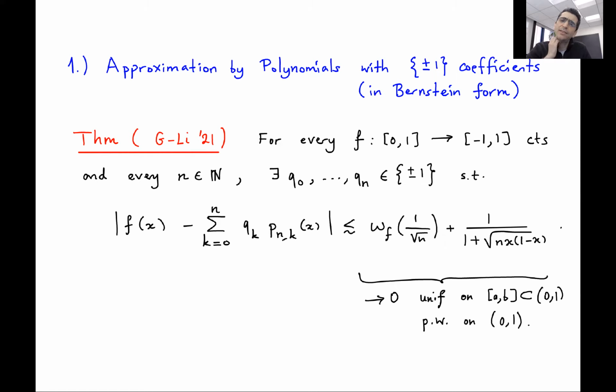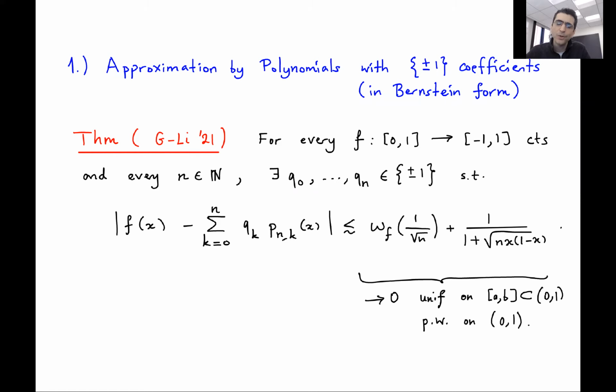It states that for any continuous function on the unit interval, taking values in [-1, 1], and for any integer n, there are n plus 1 signs, plus or minus 1, such that if you form the polynomial with respect to the Bernstein basis with these plus or minus one coefficients, then there is a choice that approximates the function up to roughly 1 over square root of n.